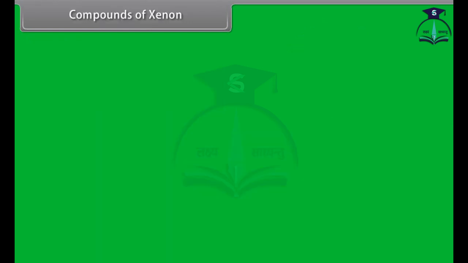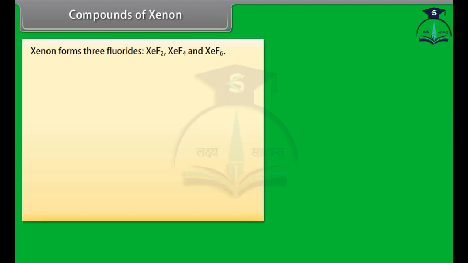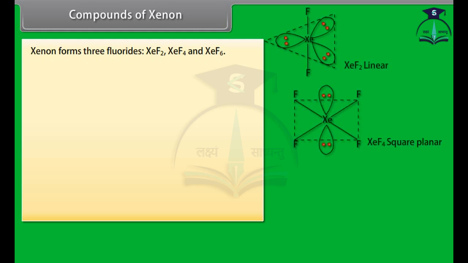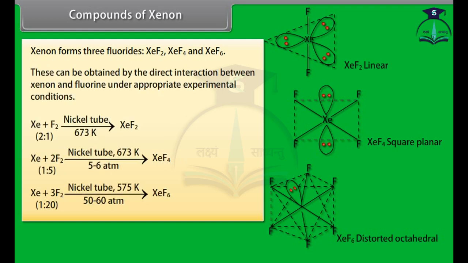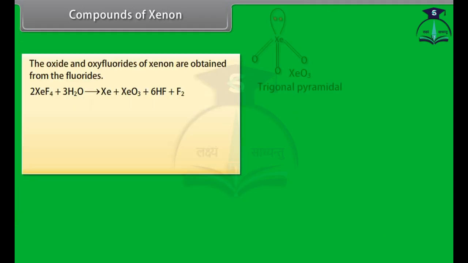Compounds of xenon. Xenon forms three fluorides, XeF2, XeF4 and XeF6. These can be obtained by the direct interaction between xenon and fluorine under appropriate experimental conditions. The oxide and oxyfluorides of xenon are obtained from fluorides. Xenon trioxide can be obtained by the hydrolysis of XeF4.